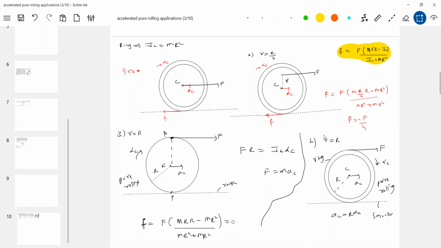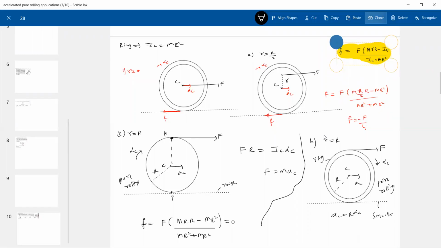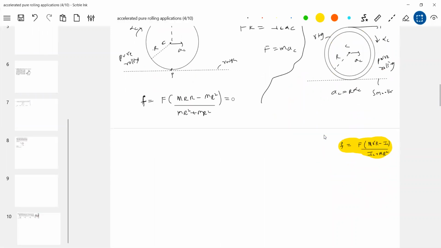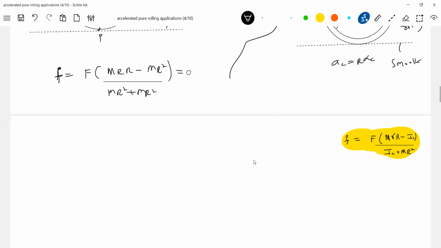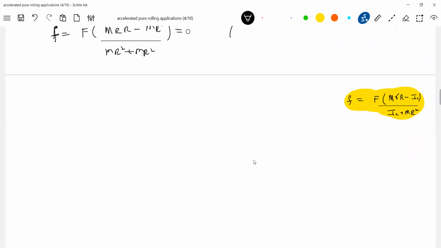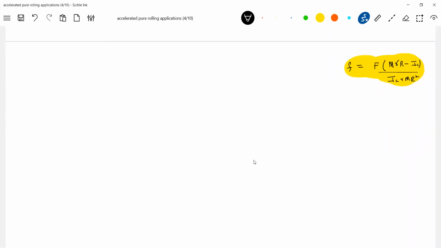Okay, let's analyze this particular situation for a disc. Then we'll see what conditions will come. Same thing, we will check this condition for a disc now. I'll keep this equation. This is very important. We should know how to apply this formula now.